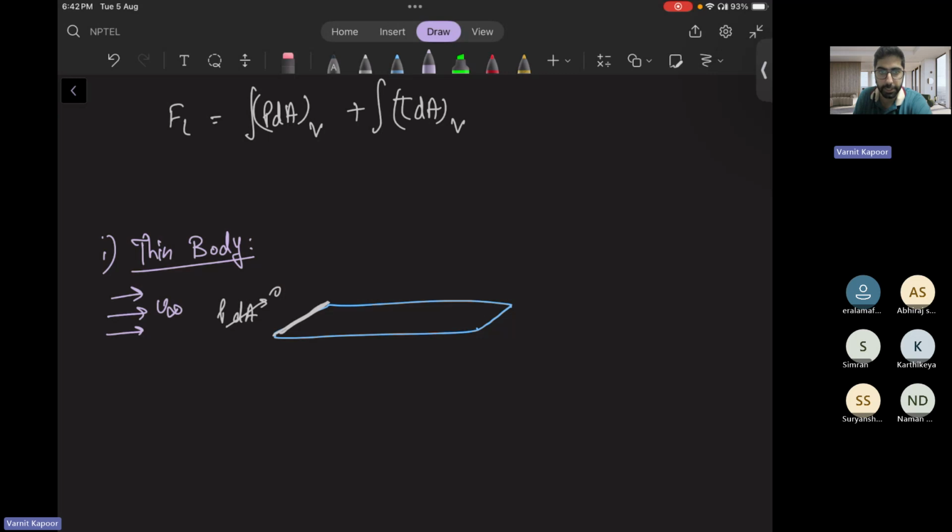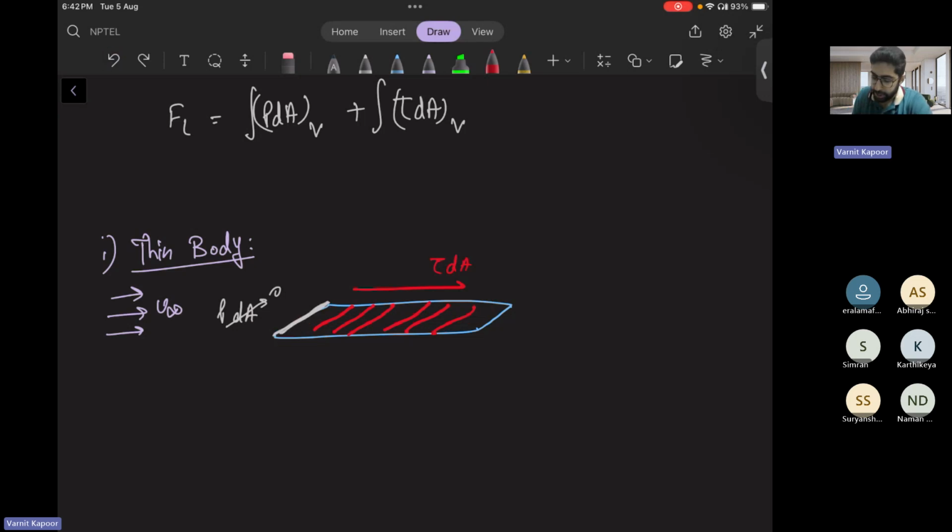But shear stress will be there. Shear stress into area dA: the shear stress is acting over a parallel area, so this will be this complete area, whereas the pressure force acts on an elemental area of negligible thickness. That is why it is 0.